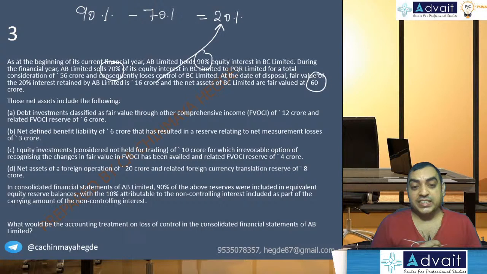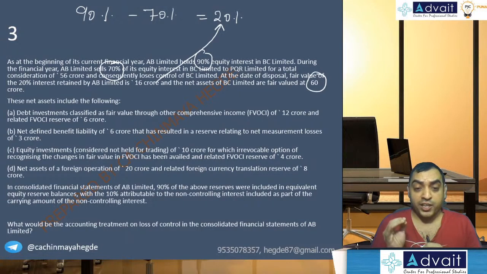Equity investments considered not held for trading, for which irrevocable option of recognizing the change in fair value in OCI has been availed, and related FVOCI reserve of 4 crores. Net assets of foreign operation of 20 crores, related foreign currency translation reserve of 8 crores.